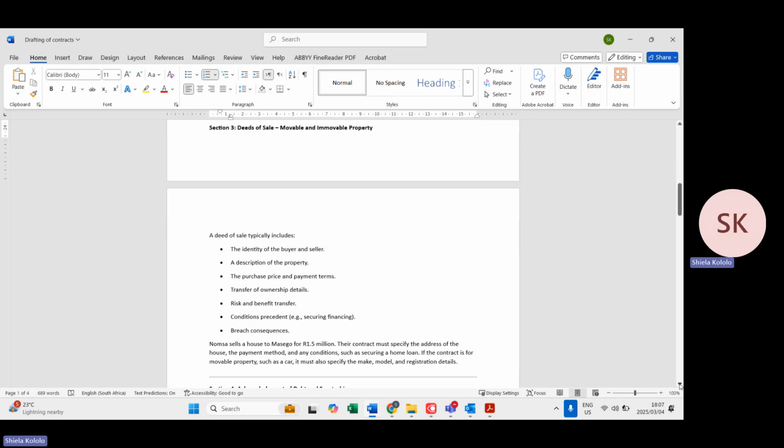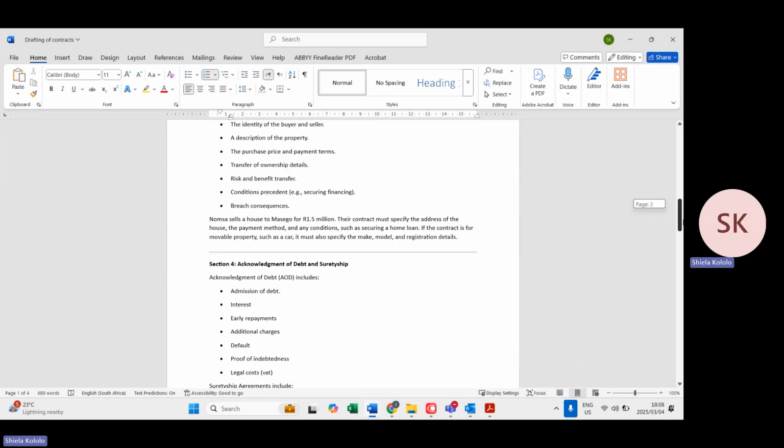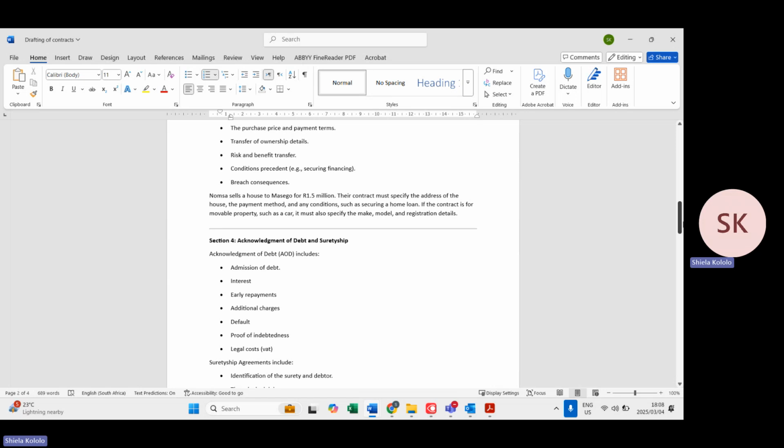If you fail to do this, the contract will not be in effect. So the contract is based on you performing 1, 2, 3. That would then be your resolutive condition. So here I just wrote an example of your deed of sale, what you would consider as a deed of sale. So here it was just Nomsa selling a house to Masego.